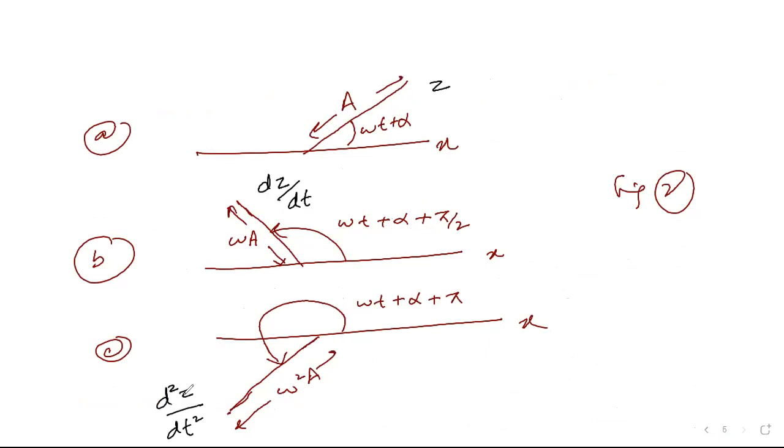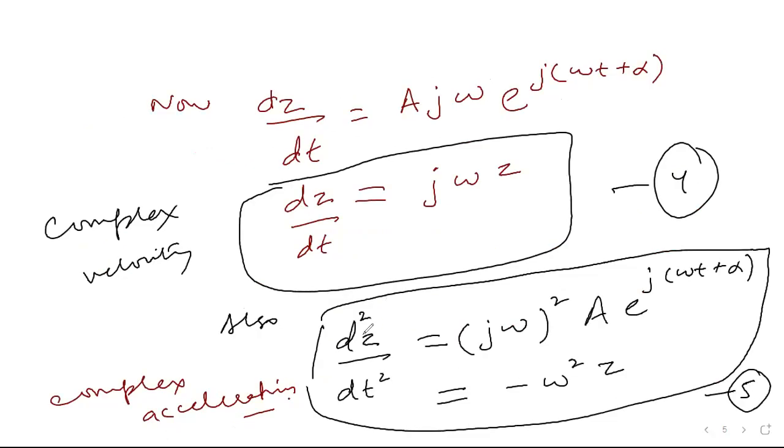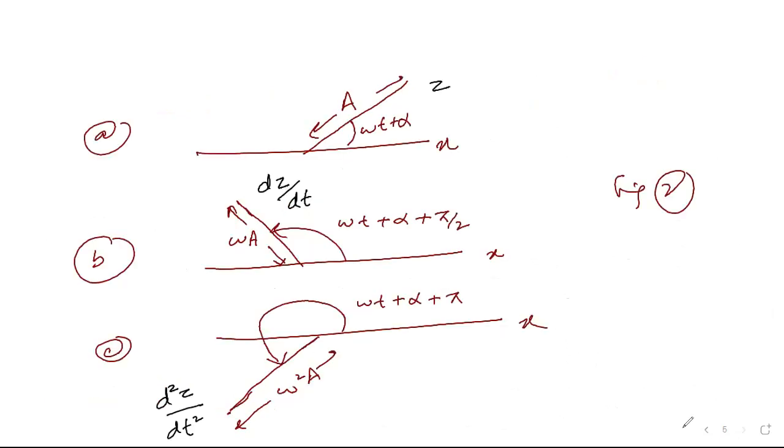Now what about the complex acceleration? d2z by dt2 has length a omega square, right?